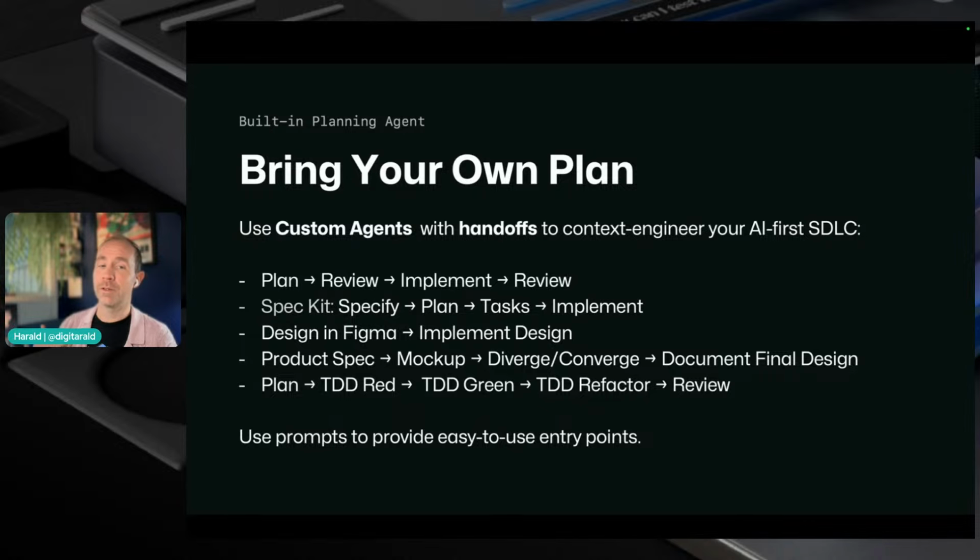You want to maybe do something like spec it, where you want to spend a lot more time upfront creating large documentation around the product spec, and then writing the design document for the plan, then breaking down into tasks and then implementing. That's why I see a lot of companies trying to figure out what is our AI first development flow.